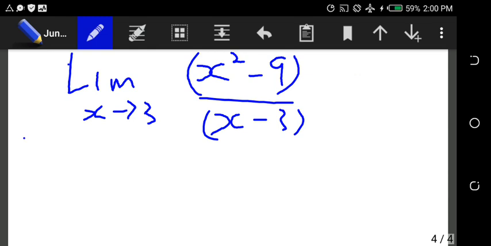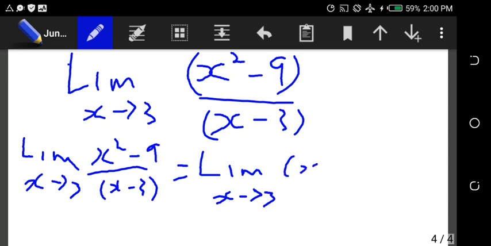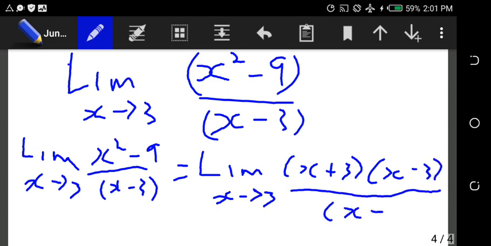Therefore, the limit of x as it approaches 3 of the function x squared minus 9 over x minus 3 is equal to the limit as x approaches 3 of, taking into account difference of two squares, x plus 3 in brackets times x minus 3 all over x minus 3.